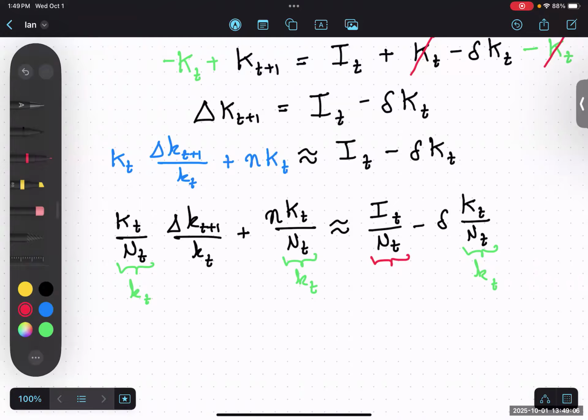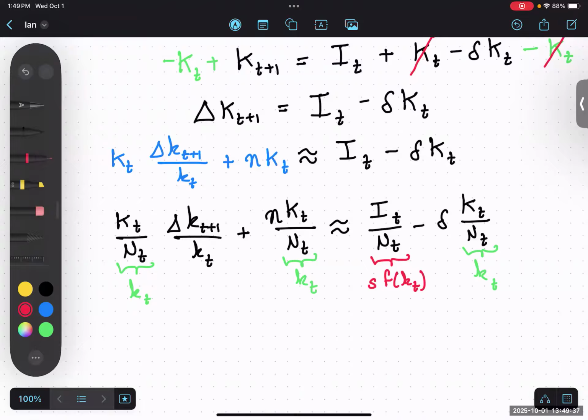So what we have in this term that I highlighted in red is actually the savings rate times GDP, right? But since now I'm re-expressing this in per capita terms, it has to be the case that I will replace this for GDP per capita, which clearly we know is determined by the production function, right? So that's the step that might not be super clear to see directly from here.